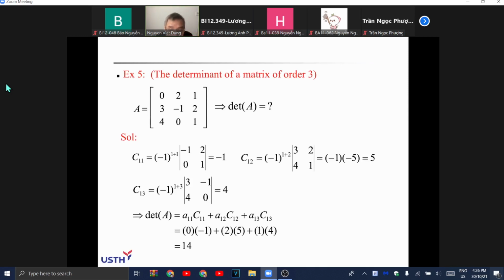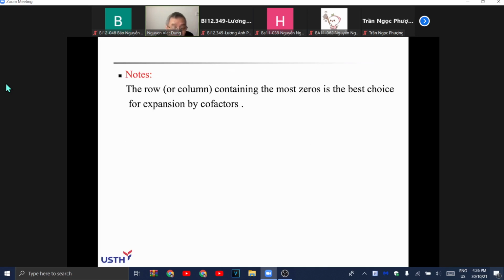Because we can expand a determinant along any row or any column, it's up to us to choose which row or which column to expand the determinant. So the smart way is that we should choose the row or column which contains as many zeros as possible.